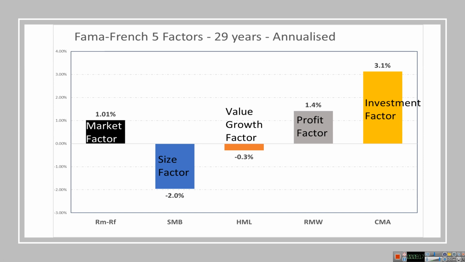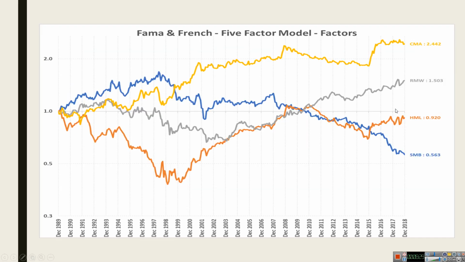Now, first of all, you'll notice these factors are actually quite small relatively. And not only that, but if you plot the time series of these, you're going to see that they're not very consistent. Let's have a look at small minus big, for example.